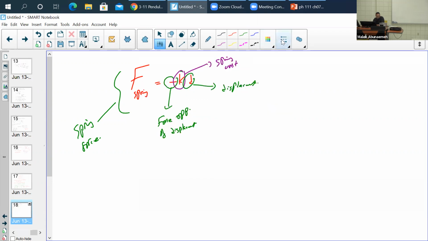So for a spring along the x-axis, your Fx is going to equal minus k x, where x is your displacement in the x direction.